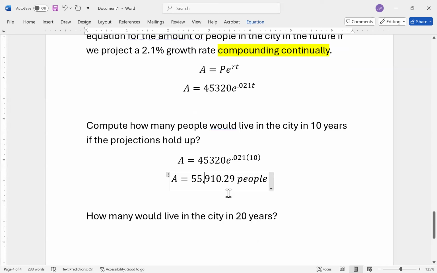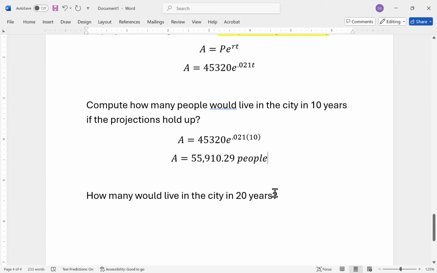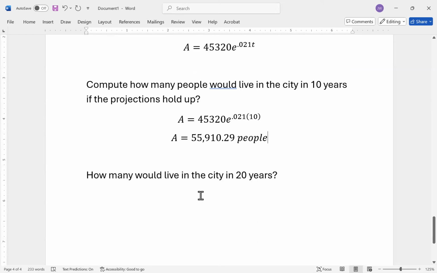And we just know that we can't have 0.29 of a person. So either way is perfectly fine with me. In my class in Moodle, it'll specifically tell you where to round it. Round it to the nearest whole number or round it to 2 decimal places.